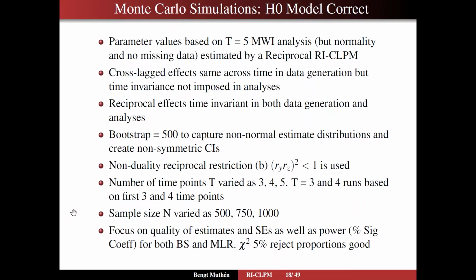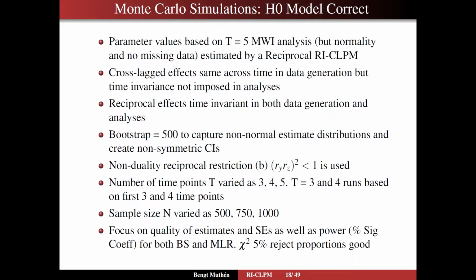You will have the setup for this on the Webtalk website, where you can then, if you like, try other sample sizes, lower or higher. I'm going to focus on the quality of the estimates and the quality of the standard errors, as well as the power for both the bootstrap estimator and the MLR estimator.